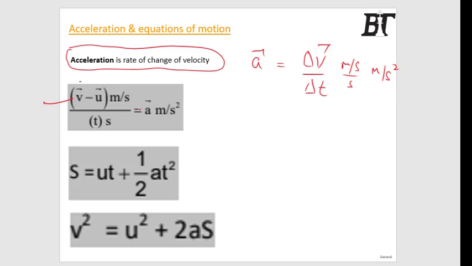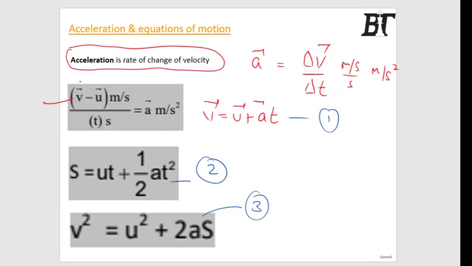Correct? So we will say acceleration is v minus u by t, or v equal to u plus at, rearranging this equation. This is our first equation of motion. s equal to ut plus half at square is the second equation of motion, and v square is equal to u square plus 2as is the third equation of motion.